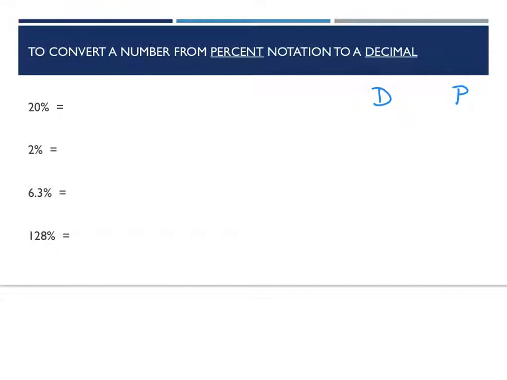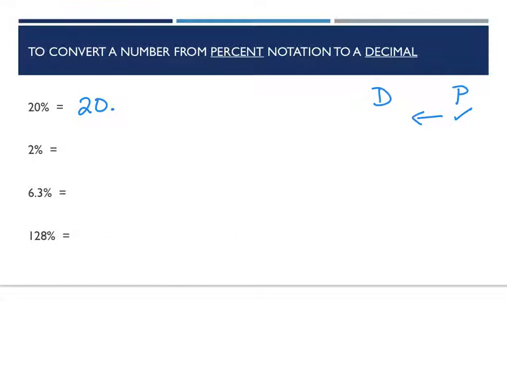If I have 20%, 20% is a percent, which means you should think of the percent as being on the right and the decimal on the left. If I want to go from percent to decimal, I have to move to the left. So, if I have 20% and I don't see a decimal, the decimal point is automatically there after the 0.